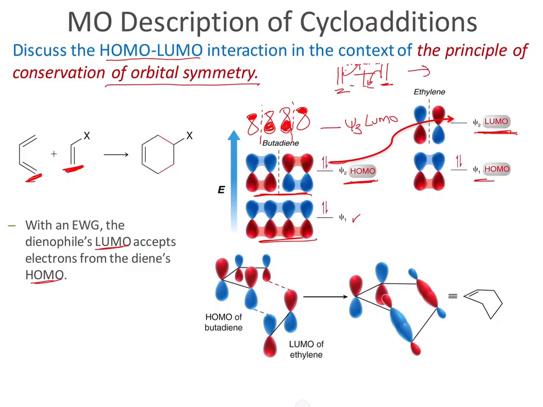So we end up with 1, 2, 3, 4. And so you form cyclobutane from ethylene.